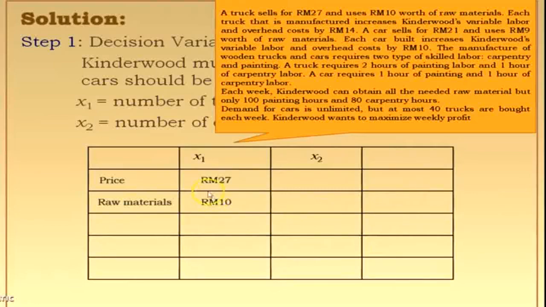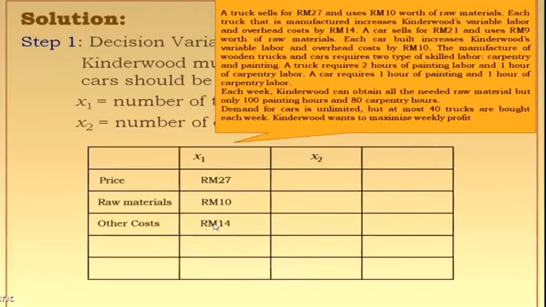Now, from the next sentence, we know that the labor and overhead cost to produce a unit of wooden truck is 14 ringgit. So we have a row for other costs, and write 14 ringgit in this cell.